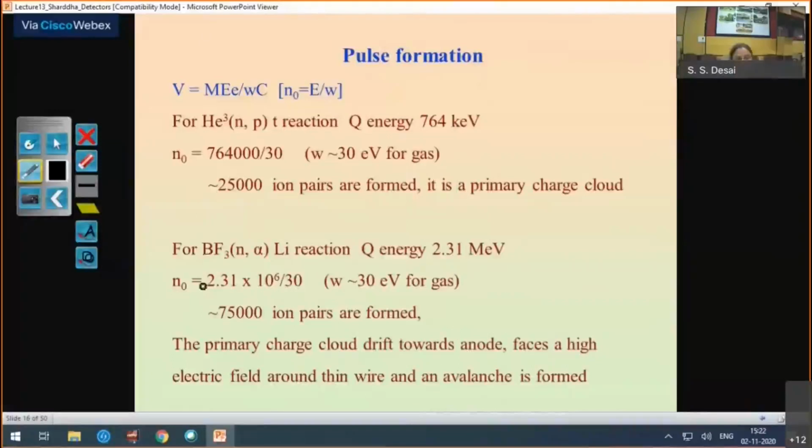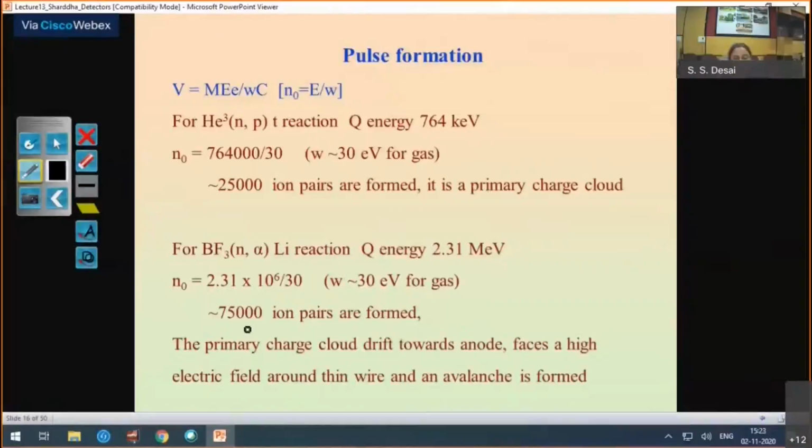Whereas in the case of boron-10 in the BF3 gas, the absorption reaction is (n,alpha), and the Q energy of the boron (n,alpha) reaction is 2.3 MeV. So here see the Q value is very high. In that case, again we take 30 eV as the work function.